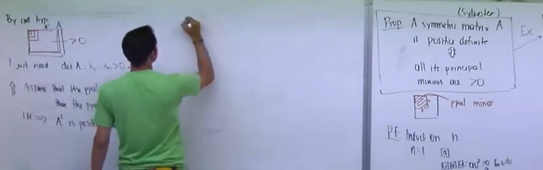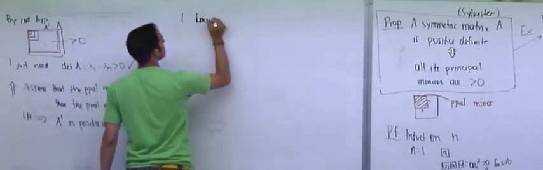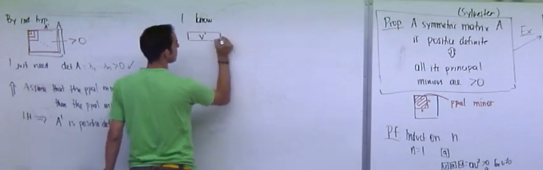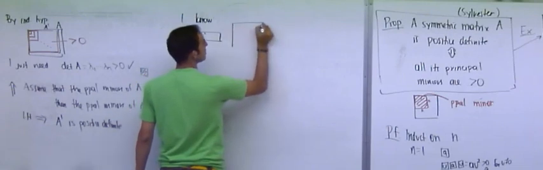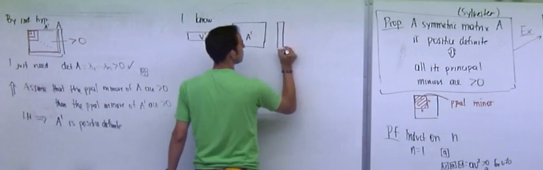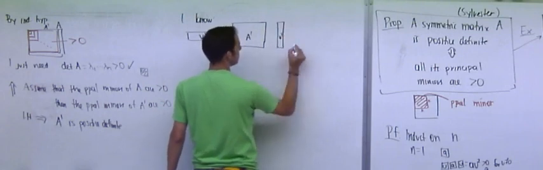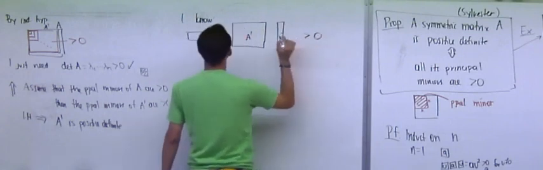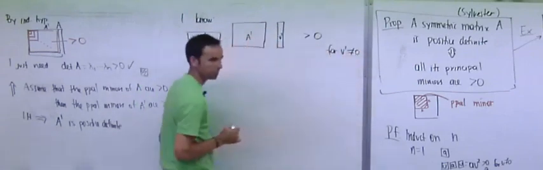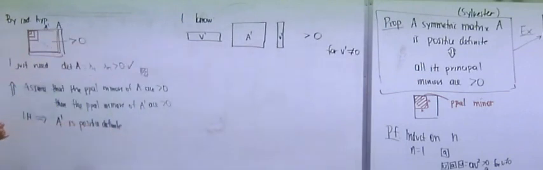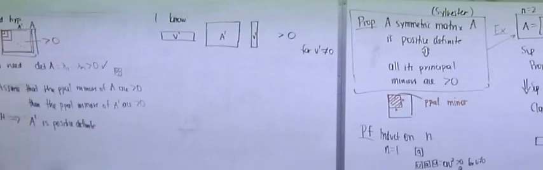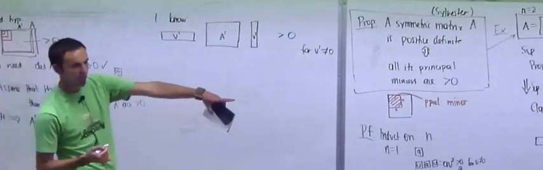What do I know? I know that anything that looks like this is positive for V prime non-zero. And I want to translate this into a statement about A, because I want A to be positive definite. And so I'm just going to use that identity that I proved over there.